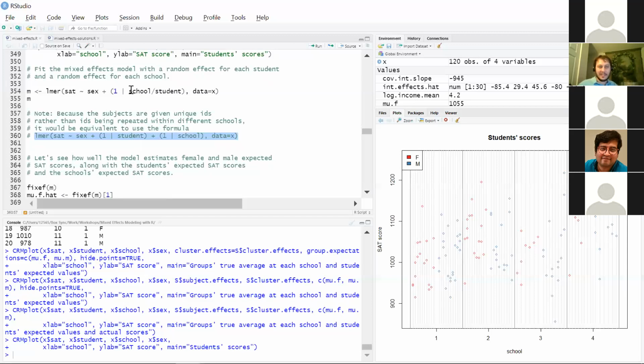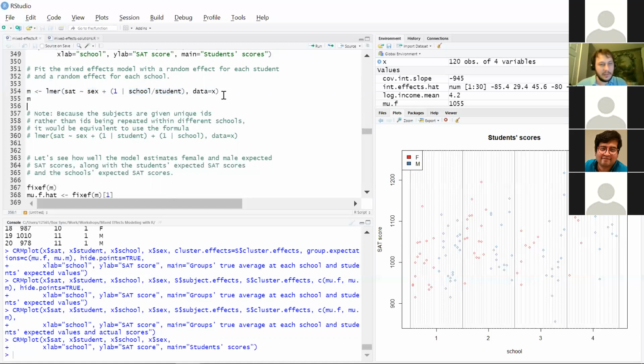So that's a reason, when you know that things are nested in a certain way, to actually incorporate that into your formula. Then you don't have to worry about whether the various students are being conflated because they happen to be given the same label in your data set.